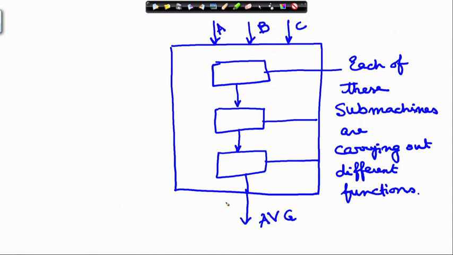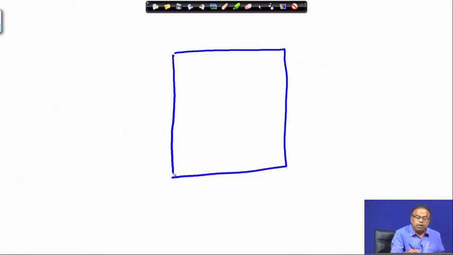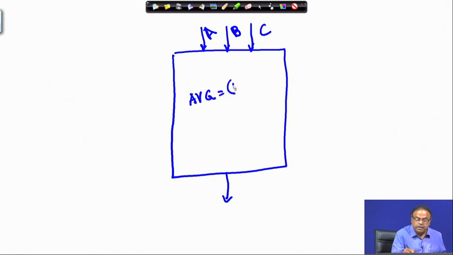Now, as I said, in a special case, just like for a simple case of average, I may not need many sub modules, because I can very well take A, B and C here, and simply in this machine I can write a program like AVG is equal to A plus B plus C divided by 3, and that will be the output, right.